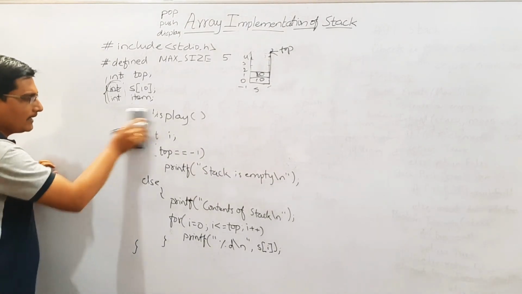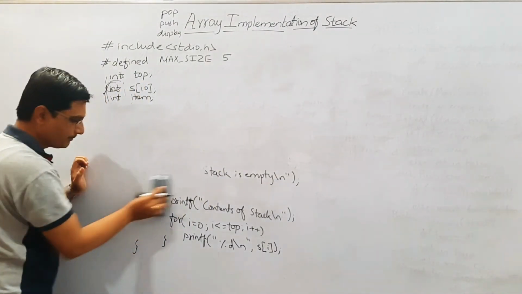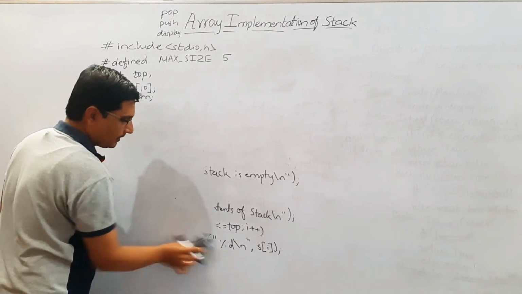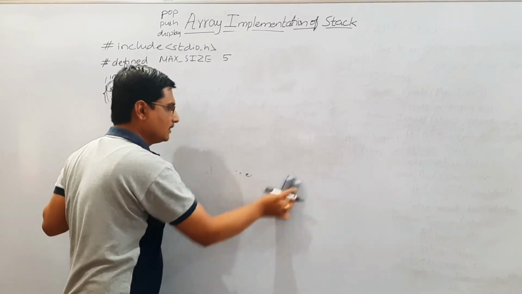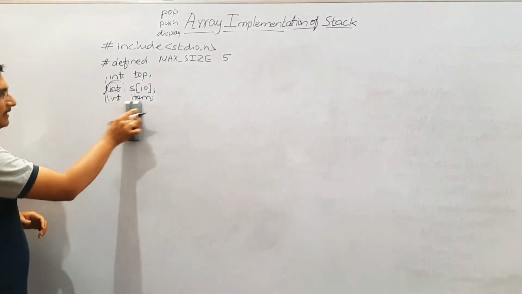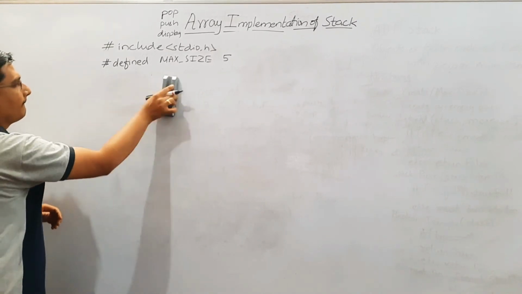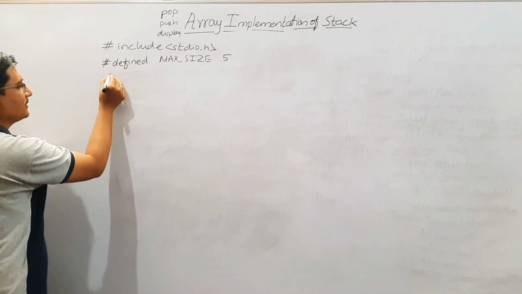So calling all these functions from main function is simple. Okay, say if you want to create a user choice function, then you can have a switch statement in a for loop having all these global variables. I am assuming that.